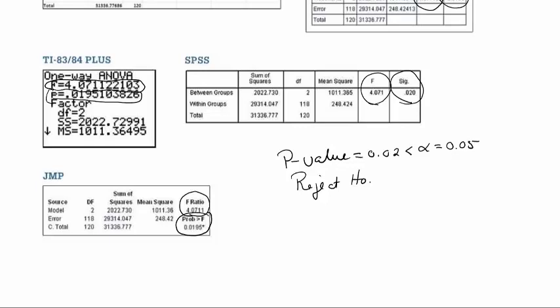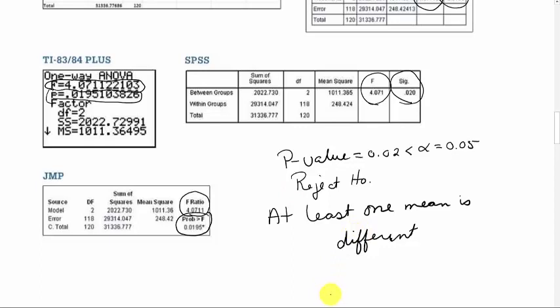And the conclusion that we're going to get from rejecting the null hypothesis is at least one of the means is different. So that's all we would conclude. If we fail to reject the null, then we could conclude that the means are all equal to each other.